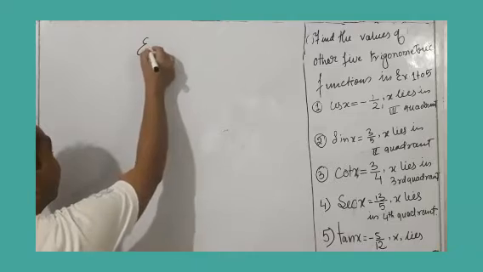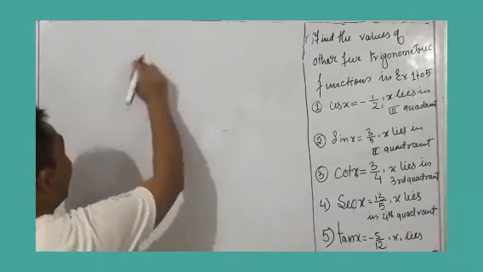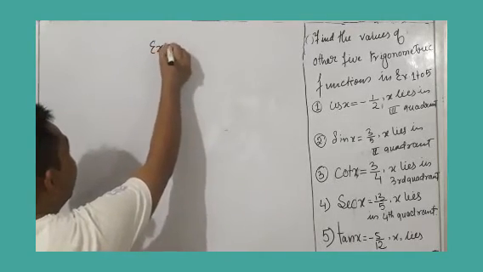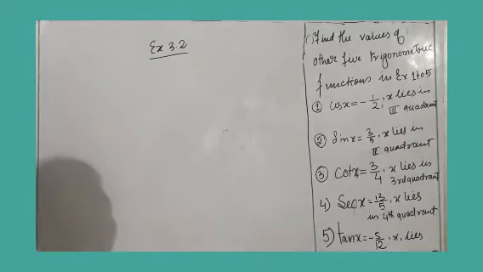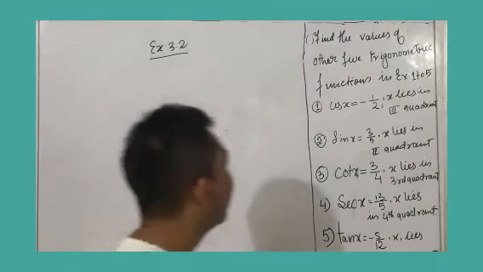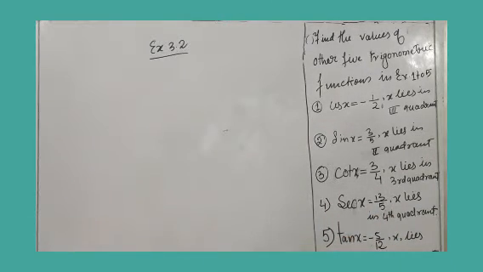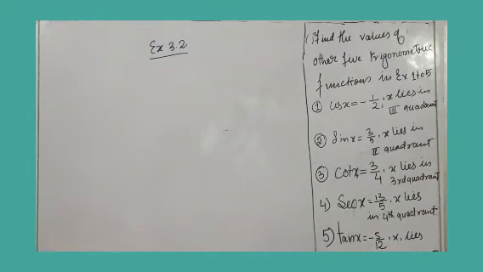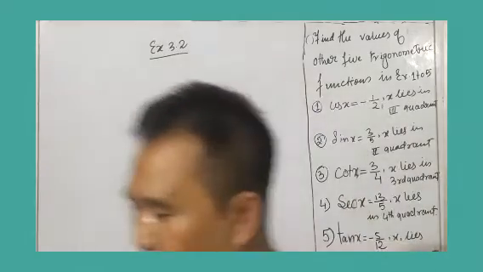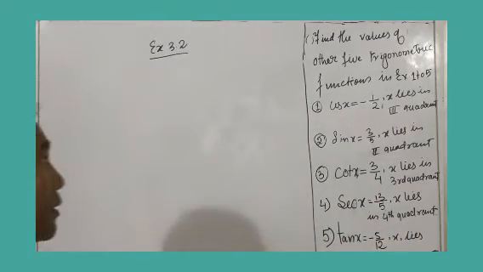exercise 3.2. In exercise 3.2, what we have to do is find out the rest of the trigonometric functions when one trigonometric function value is given.